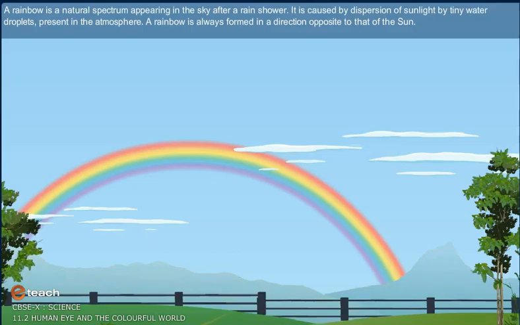A rainbow is a natural spectrum appearing in the sky after a rain shower. It is caused by dispersion of sunlight by tiny water droplets present in the atmosphere. A rainbow is always formed in a direction opposite to that of the sun.